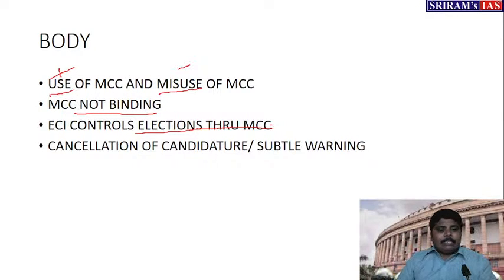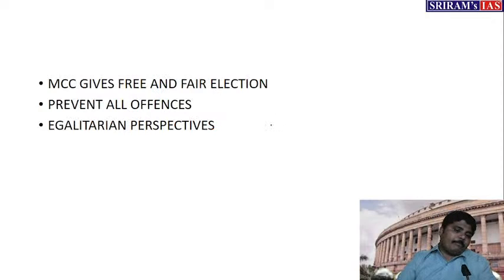At last, when there is a great amount of violation, the Election Commission of India, using their suo motu power, can cancel the candidature, or at last they can give some subtle mild warning for those people involved in violation of this provision. Then number 5, if MCC is having a presence, we can ensure free and fair elections.